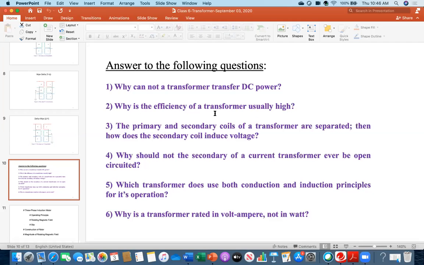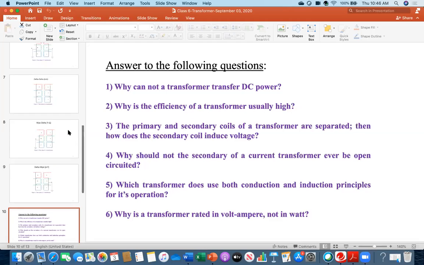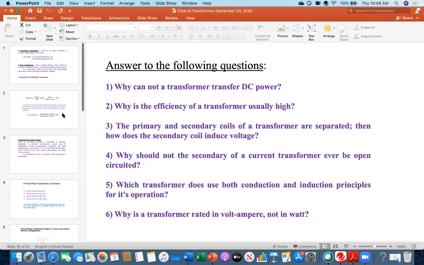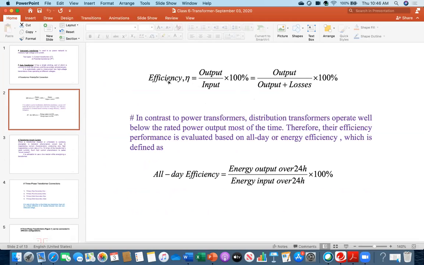What could be the reason? Look at this equation, everybody: efficiency is output over output plus losses. So there are two losses. One is called copper loss, another is called core loss. But those are very small.